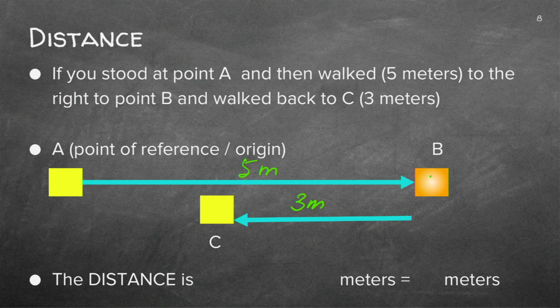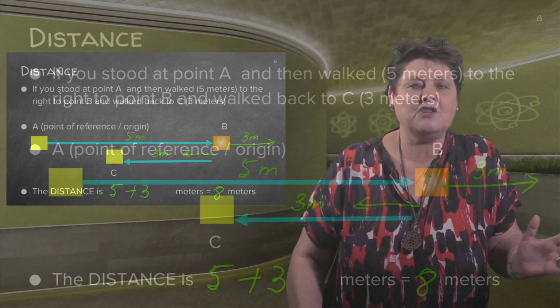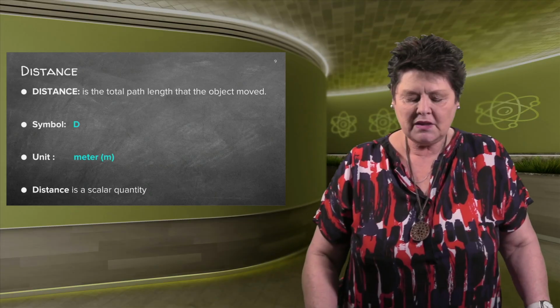So it didn't really matter if you walked 3 meters to that side or 3 meters to this side, because the answer will be 5 plus 3. That's the path that you followed. So the distance that you actually walked was 8 meters with no indication of any direction.